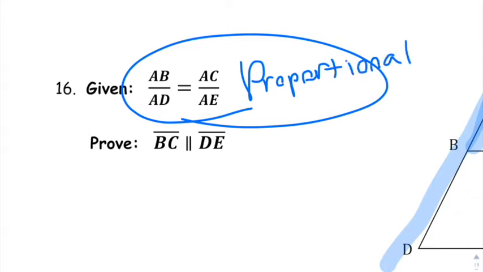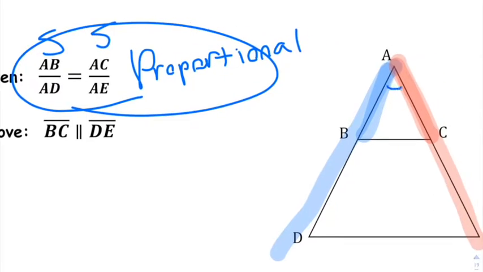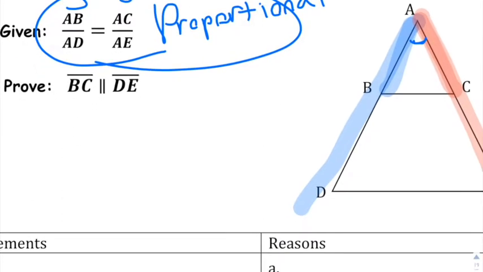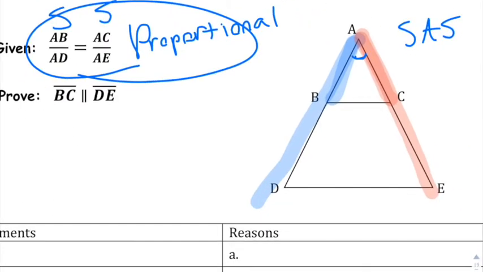So those sides are proportional. You have two sets of sides proportional. And guess what's right here in between your two triangles that you have? You have a shared angle. Okay, so then we can say by side, angle, side, that these two triangles are similar.